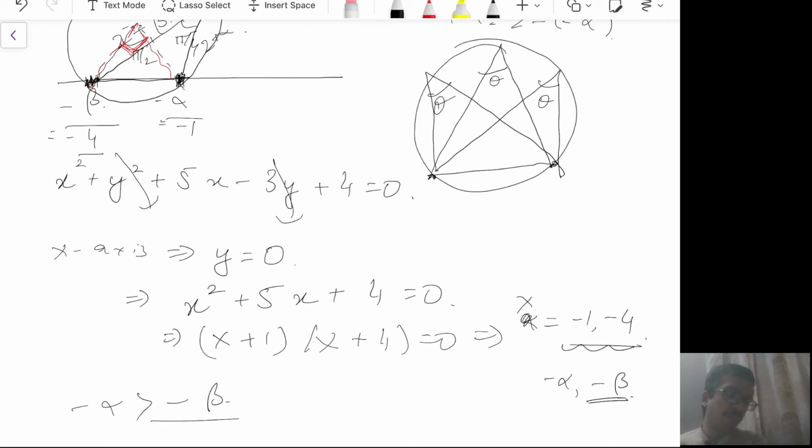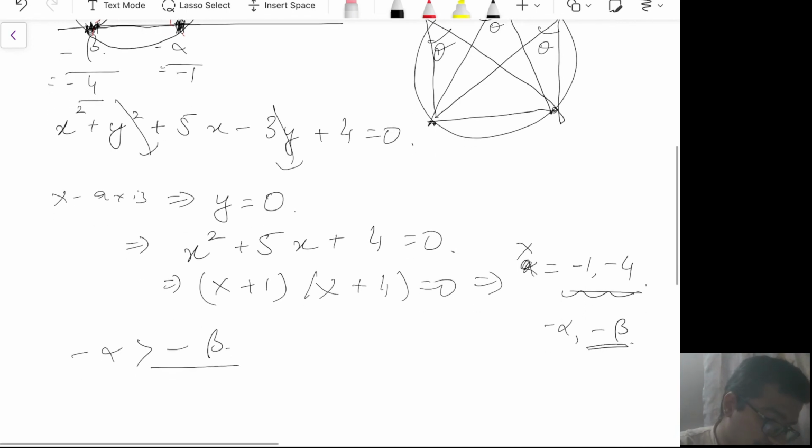That's why it's making a positive angle. So minus alpha is minus 1 and minus beta is minus 4, which means alpha is 1 and beta is 4. So we have solved for alpha and beta.